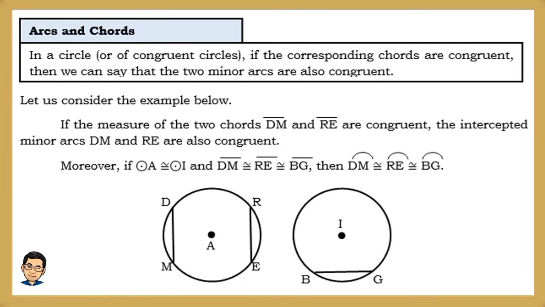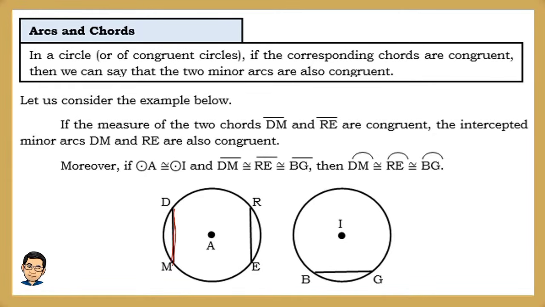So, yung example natin below, if the measures of two chords DM and RE are congruent, then the intercepted minor arcs DM and RE are also congruent. So, paano yon? Yung chord natin na DM, ito siya.